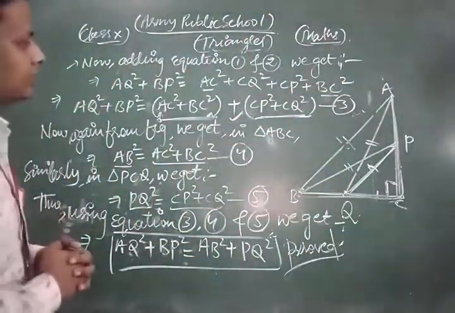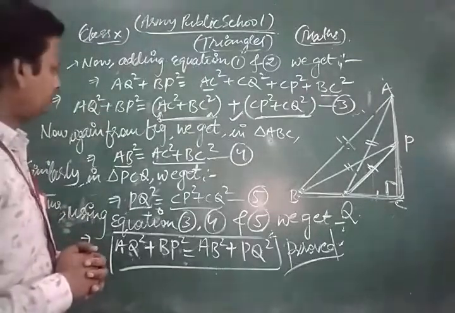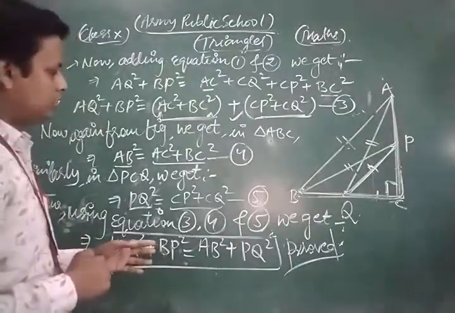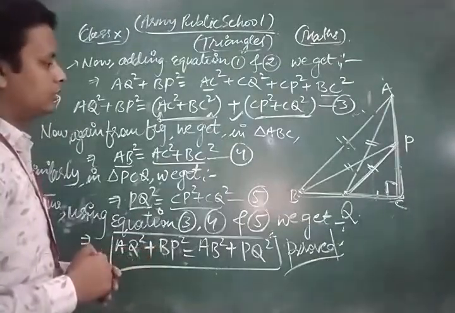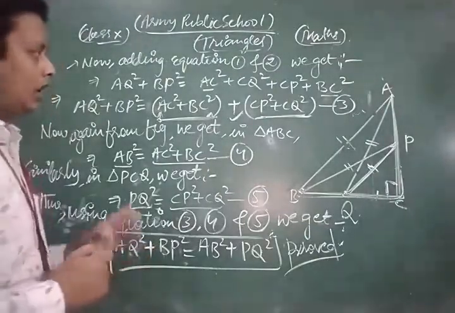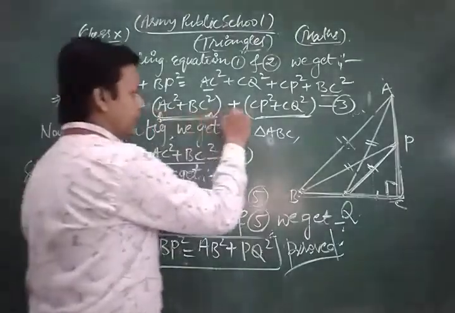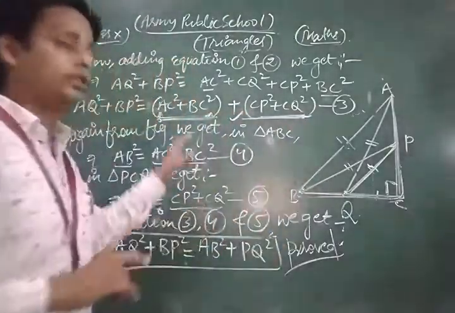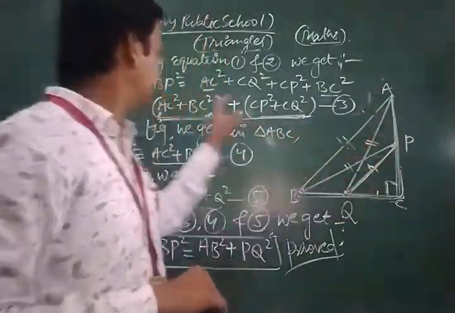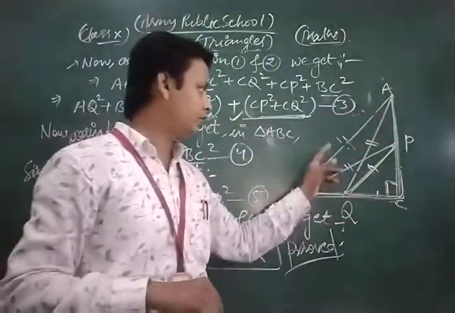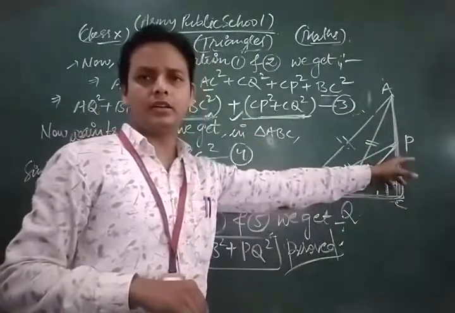Now, dear students, AB square plus PQ square. After adding, we get this relation. And after this, we take triangle ABC, for which we have AB square equal to BC square plus AC square.